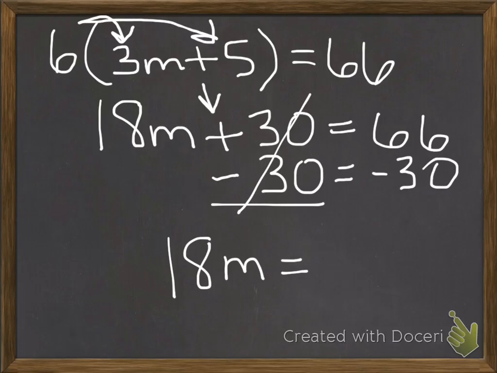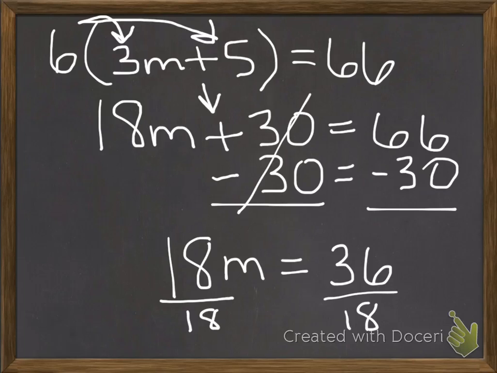What is 66 minus 30 on the right side? 36. Very good. Now we're at a one-step, and it's multiplication. So how do we get the 18 away from the m? Divide on each side. We get 2. These cancel, and you're left with m equals 2. Any questions? Nope.